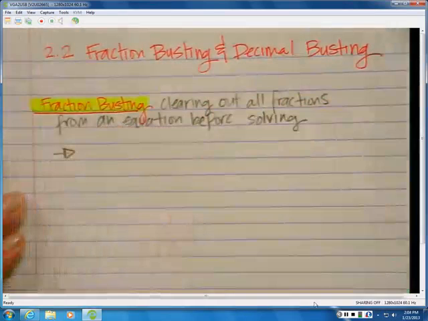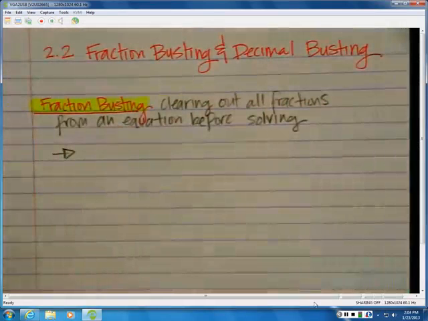To get this done, you're going to multiply your whole equation through by the least common denominator.